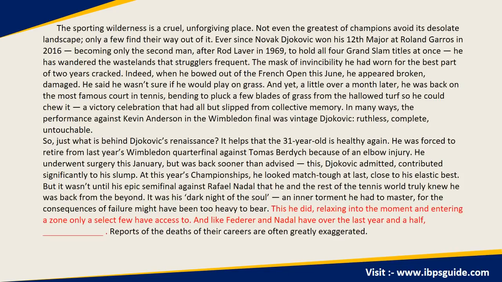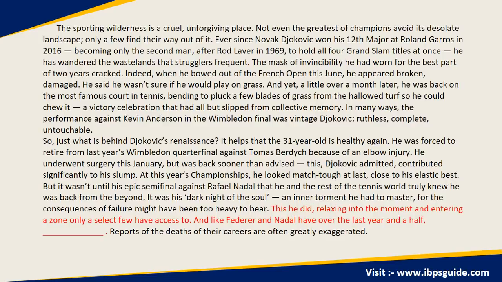So let's continue reading. In the previous sentence, it says that he had to master his inner torment. The next sentence starts with "this he did," which means they're going to explain how he conquered his inner fears. Okay, "This he did, relaxing into the moment and entering a zone only a select few have access to. And like Federer and Nadal have over the last year and a half," dash.